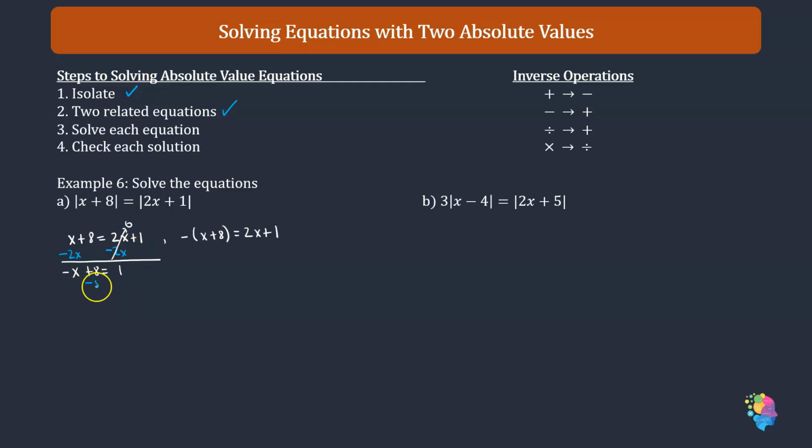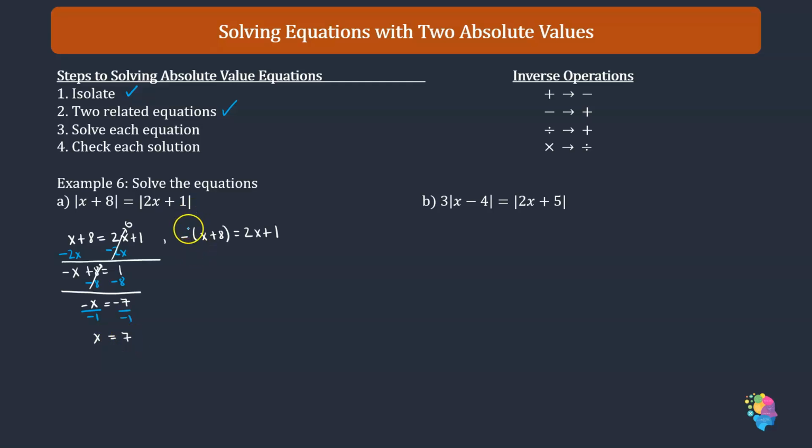I'm going to move the minus 8 here. That goes to 0. So negative x is equal to negative 7. We're not done. We still need to remove that negative. So let's divide by negative 1. And the first solution is x is equal to 7.